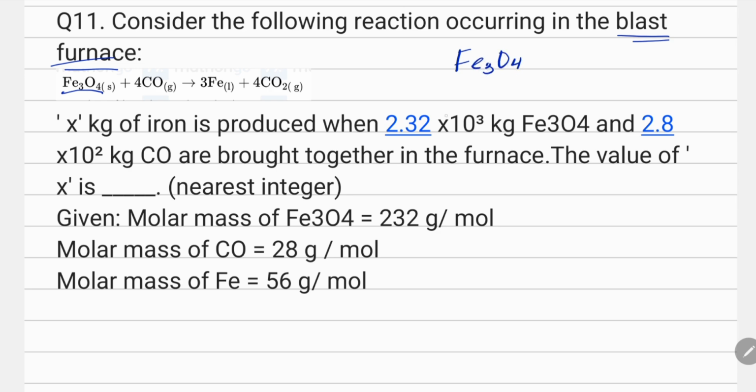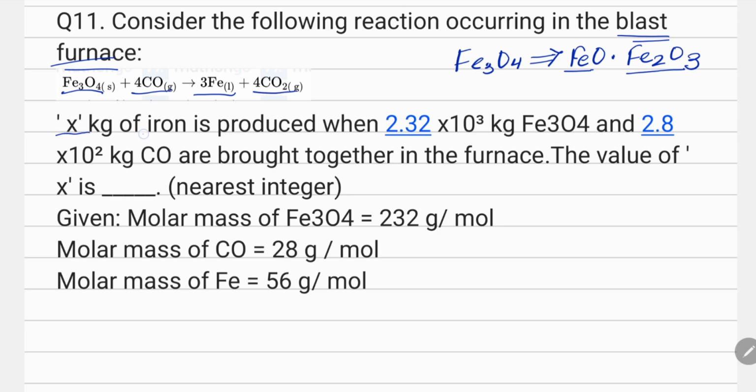Fe3O4 is actually FeO and Fe2O3, so it's a mixture of ferrous oxide and ferric oxide. And it is reacting with 4 moles of carbon monoxide, which gives 3 moles of iron and 4 moles of carbon dioxide gas.